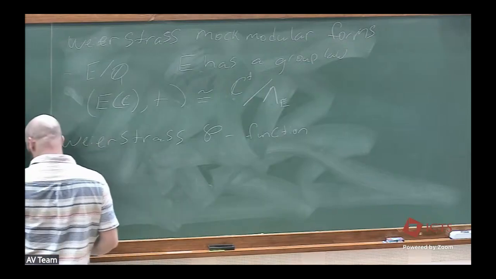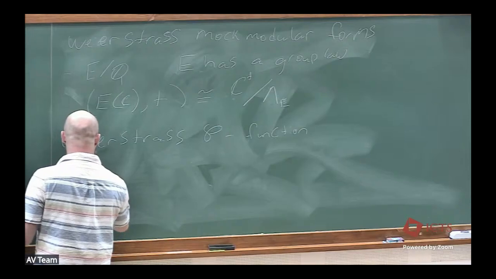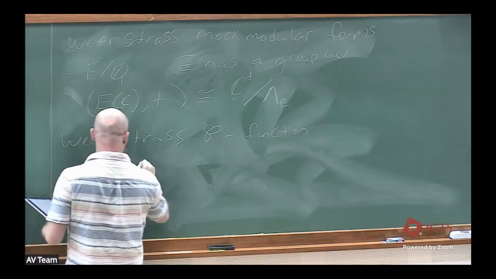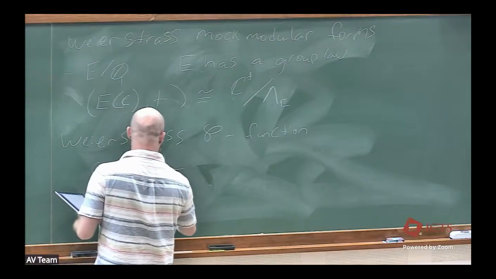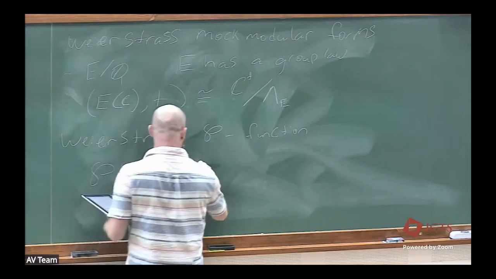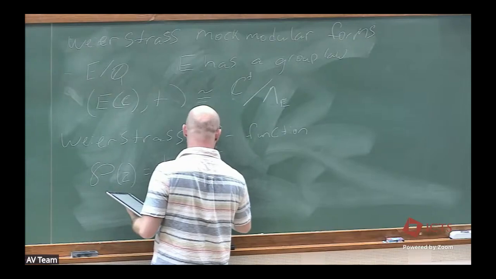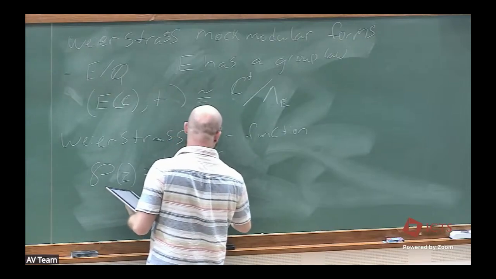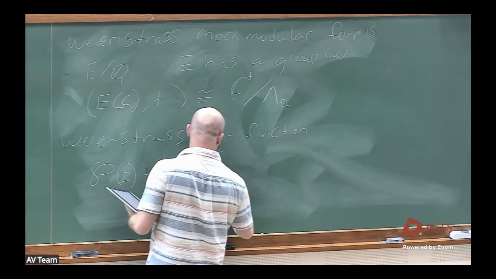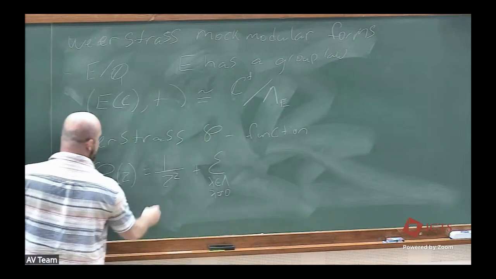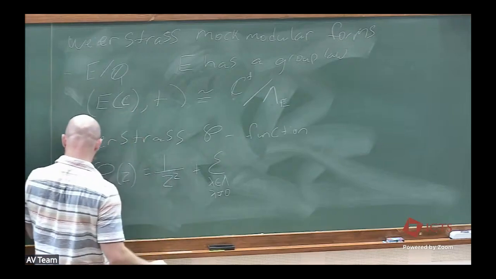In order to do this, P of z is going to be 1 over z squared plus the sum over lambda in my lattice, but not the 0 point. This out here is the term corresponding to the 0 point.